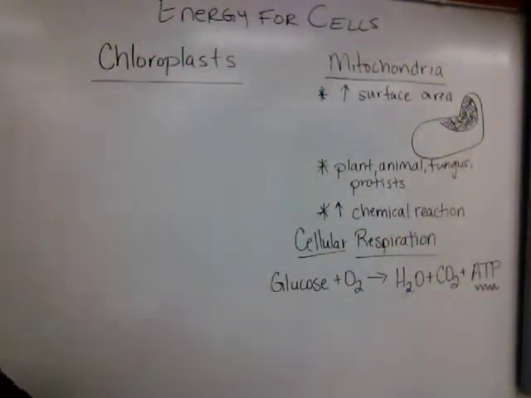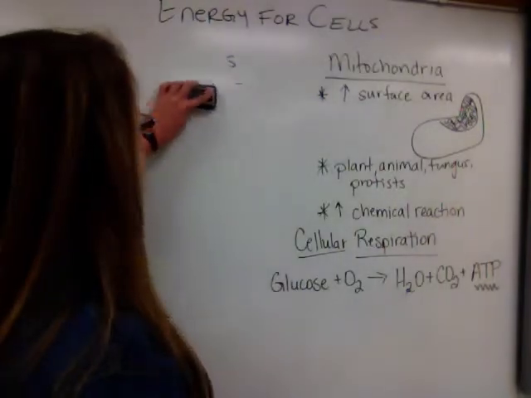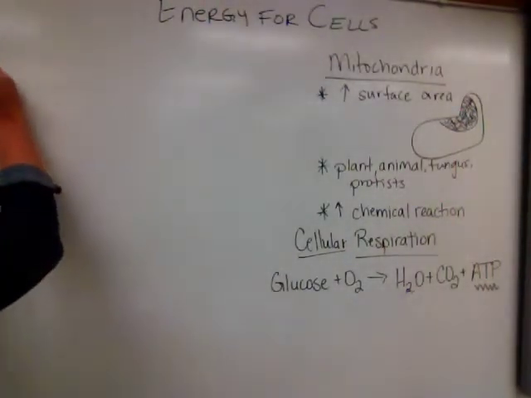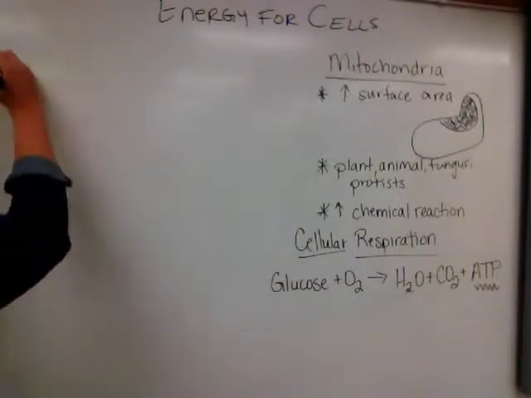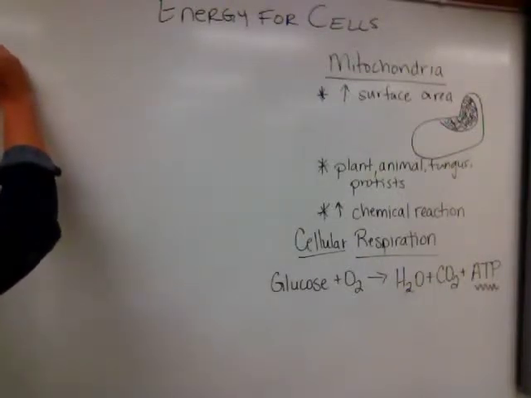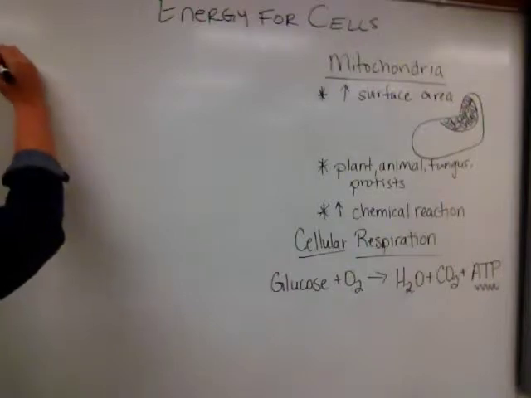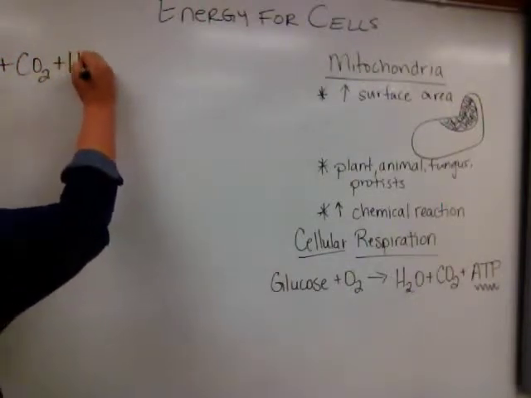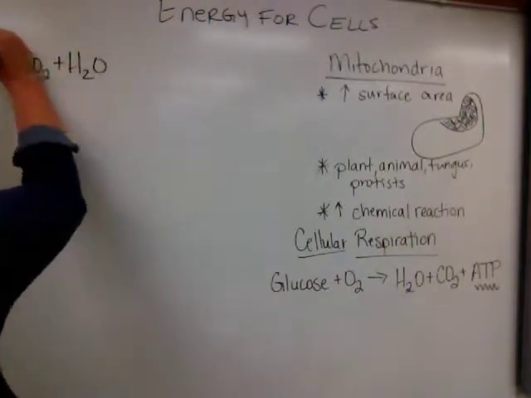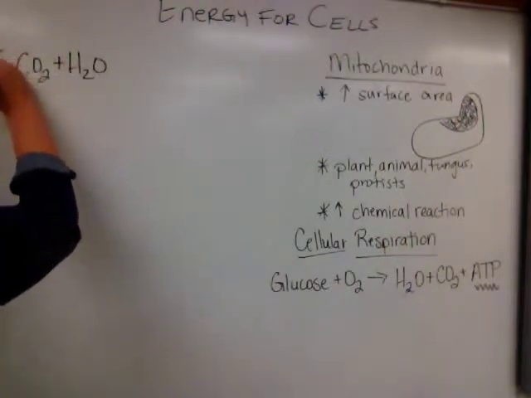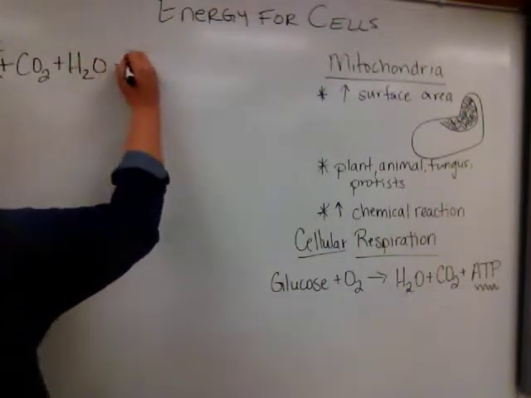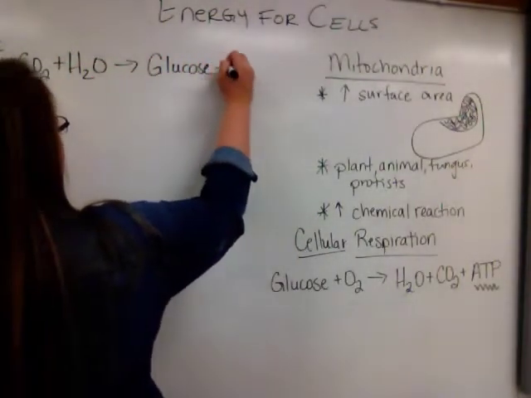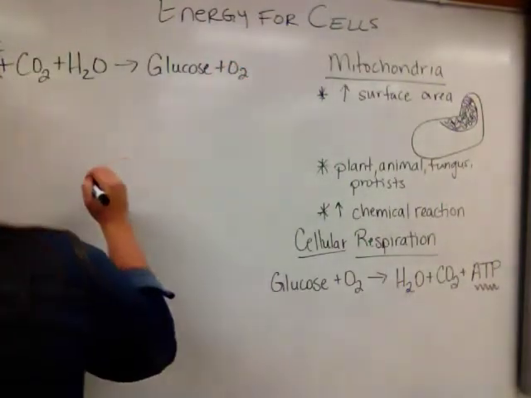So over here on the left, I want to show you these two reactions back to back. When I look at photosynthesis, I have energy from the sun, so I'm going to put sun plus carbon dioxide plus water, just so you remember what this is, gives me glucose and oxygen.